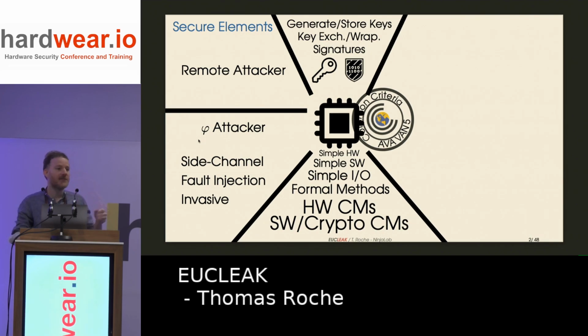To get this stamp, you go to an independent secure lab, an ITSEF, that will take experts and try to break your implementation with all the means of a physical attacker.